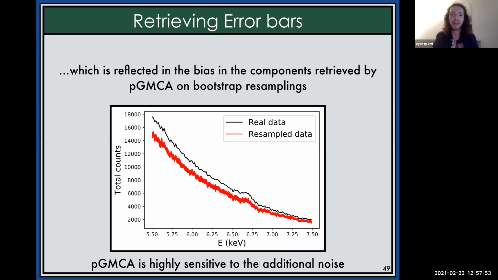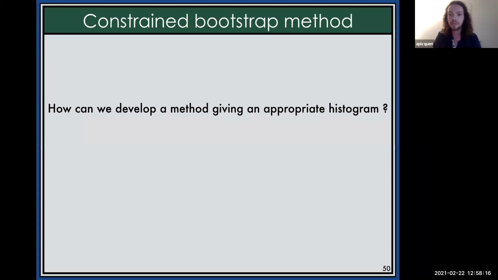And I had the idea that maybe by doing a lot of bootstrap resamplings, we could just apply the PGMCA on every result, then look at the standard deviations, and magically we would have some error bars. But unfortunately, there is a bias, and it's not a classical bootstrap that could remove it. So I tried to develop a constrained bootstrap without a bias.